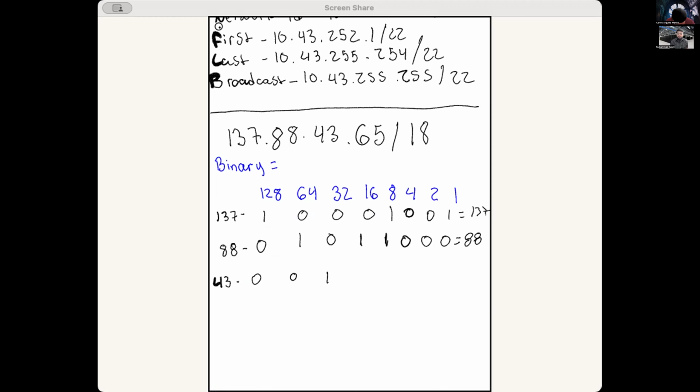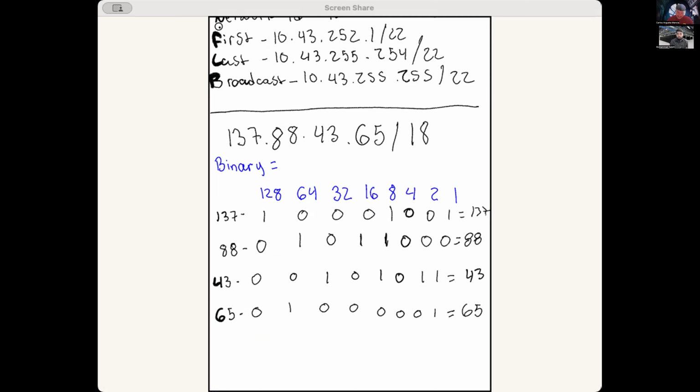So 0, 1, 0, 1, 1 equals 43. Then the 65, which will be the 64-bit set to 1 with the 1-bit set to 1. So 65 is 0, 1, 0, 0, 0, 0, 0, 1. So that's what our IP address looks like in binary.